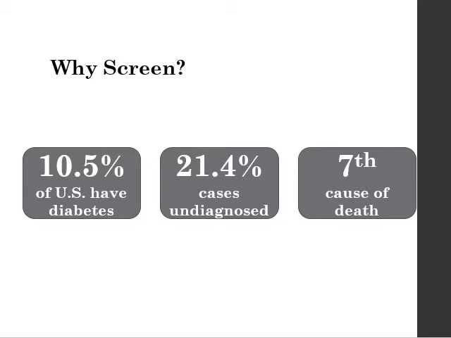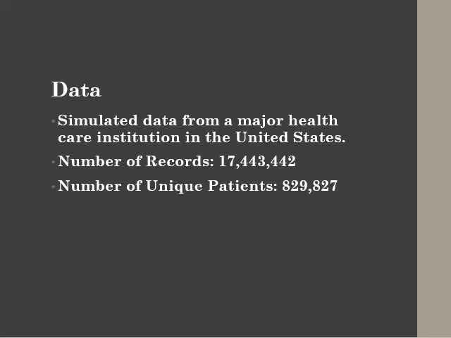Diabetes can have profound impacts on a person's health, and if undetected or uncontrolled, it can damage vital organs and tissues such as the heart and eyes. Diabetes type 2, which is the most common form of the disease, is often asymptomatic in early stages and can remain undiagnosed for years.